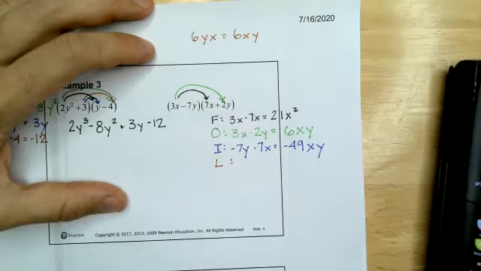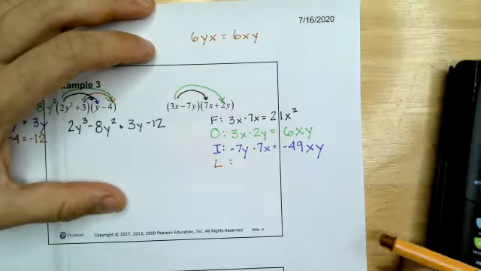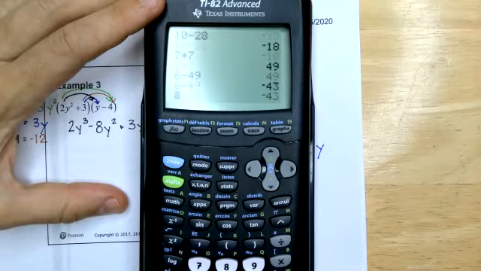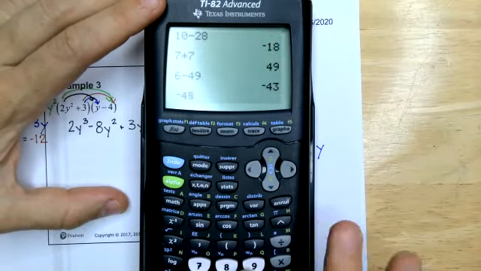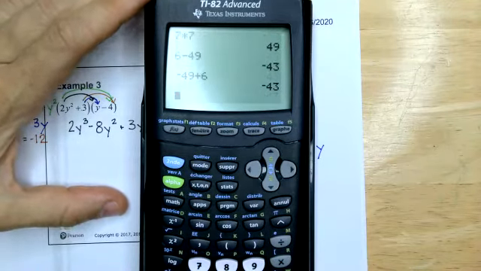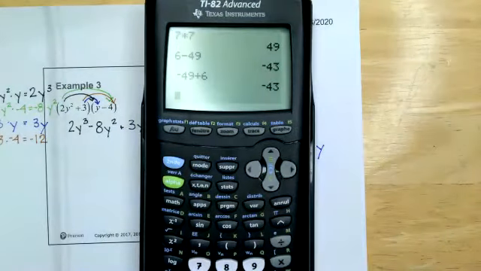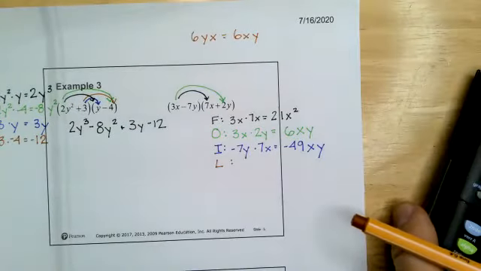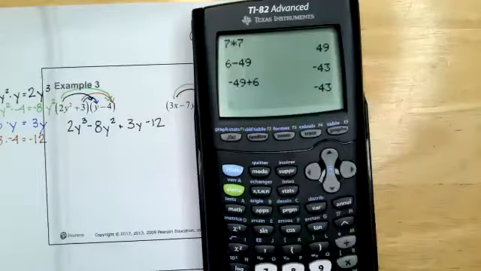Yes, it just means you have to subtract the 49 from the 6. So that's going to be 6 minus 49, or negative 49 plus 6. Anytime you're combining like terms, you're respecting the sign. So you would never say 49 plus 6 unless they were both positive. Good question.